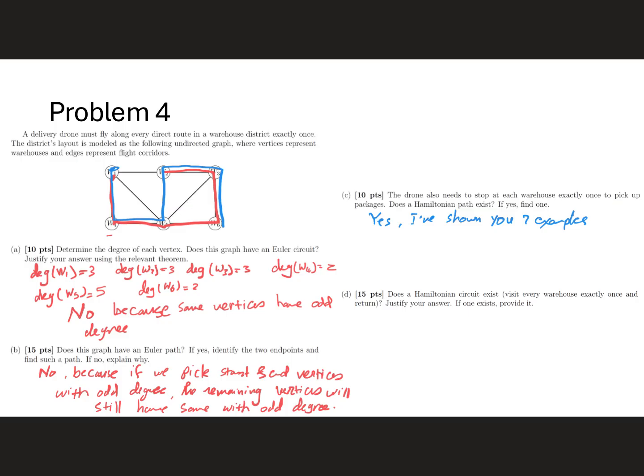So actually, this path that we selected with red color can be converted into a Hamiltonian circle, right? So you start here and you finish here, that's the path. And then the start and the end point are actually adjacent because they have an edge connecting them, then you can close the circle, right? So the answer here is yes.